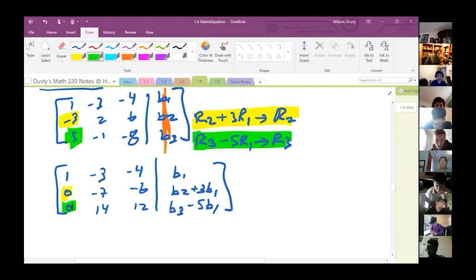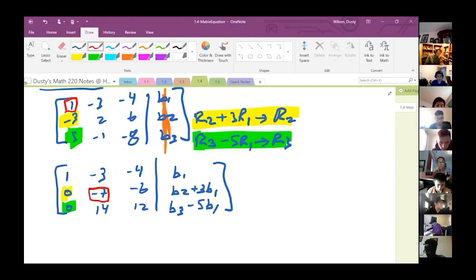So we're just trying to figure out whether this thing is consistent. In the first case, we were taking advantage of the pivot in the 1-1 position. And now you can already see that we've got a pivot in that 2-2 spot. All we really care about is knowing whether it's consistent, so I don't need to divide by 7.